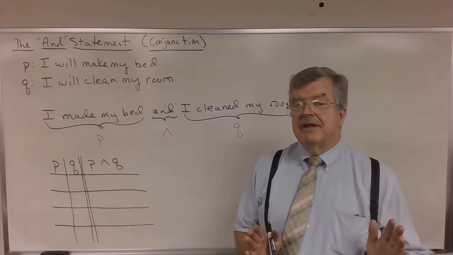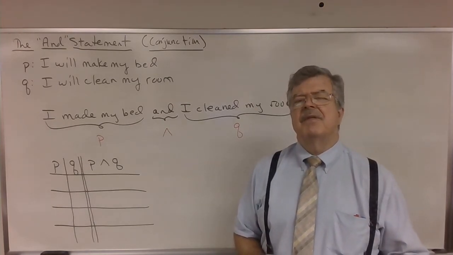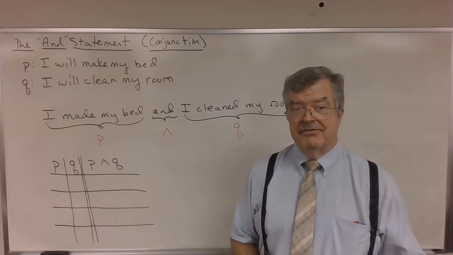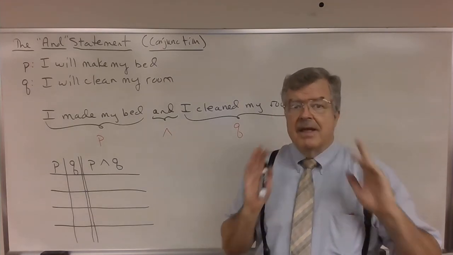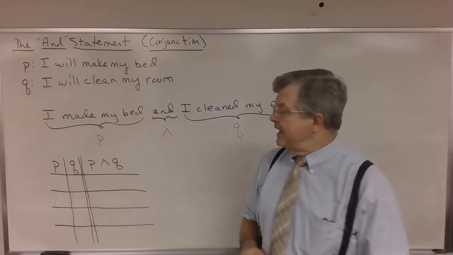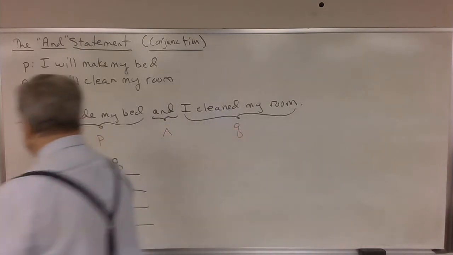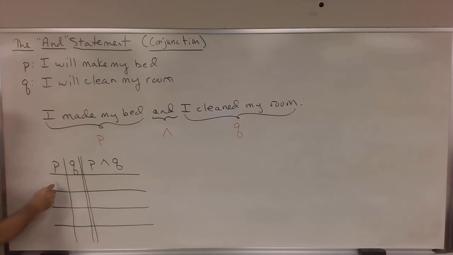The way we filled out the truth table for the conditional statement, or rather, the way we prepared the statement for the conditional statement, is the way that we prepare a truth table for all statements that involve two simple statements, P and Q. We go to the statement on the left and we put down true, true, and false, and false.